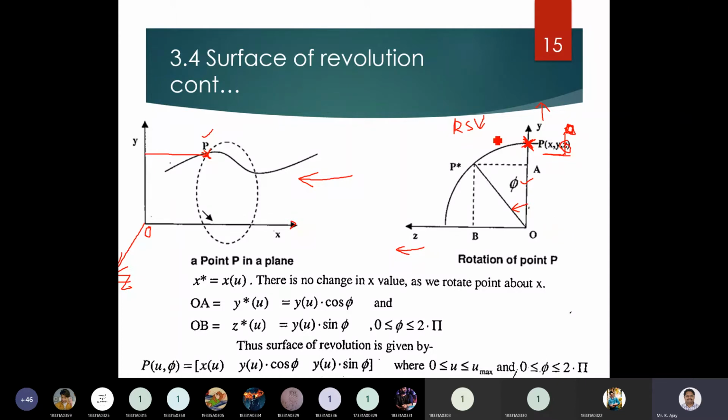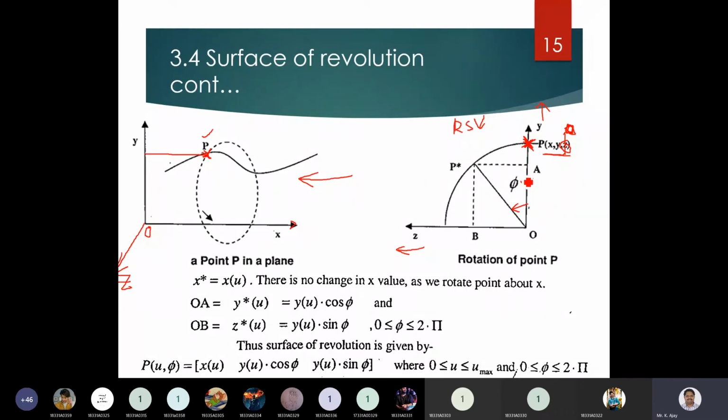Some people want to rotate by 30 degrees, or some people want to make a complete 360 degree rotation. Whatever it may be, you will have a certain minimum value as well as a maximum value.